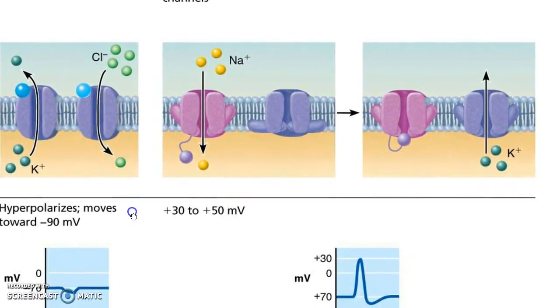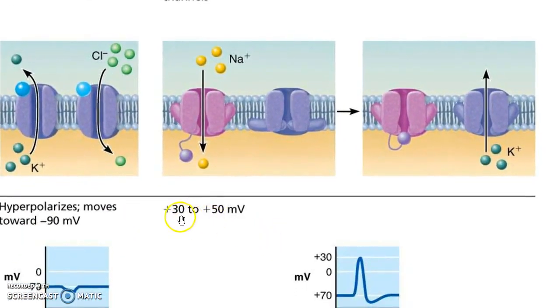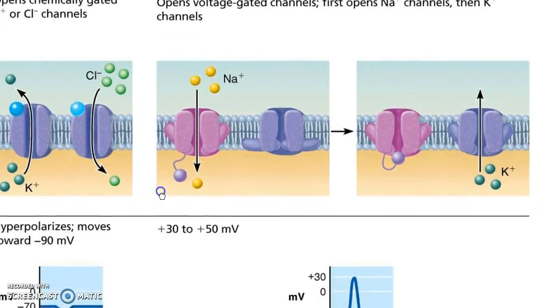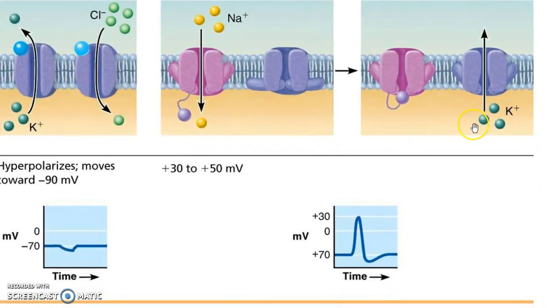Action potentials are plus 30 to plus 50 millivolts, and in this case, it is the sodium channels that cause the depolarization. With regards to repolarization, it is the potassium channels that are open and not the sodium.